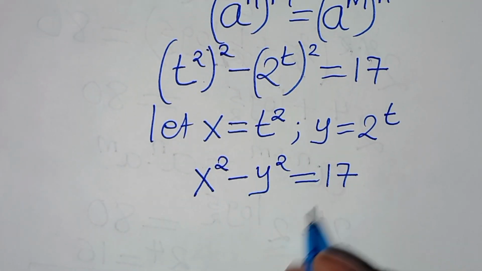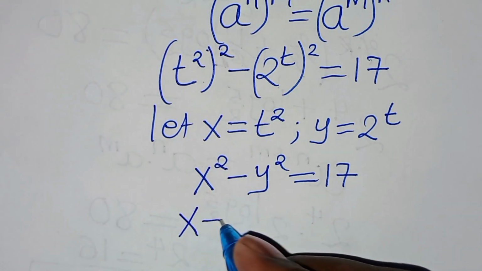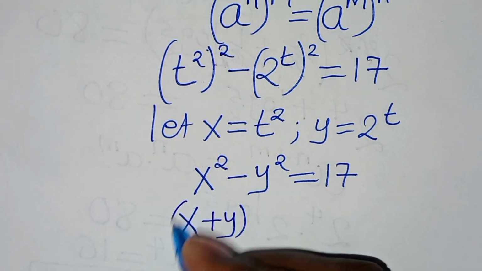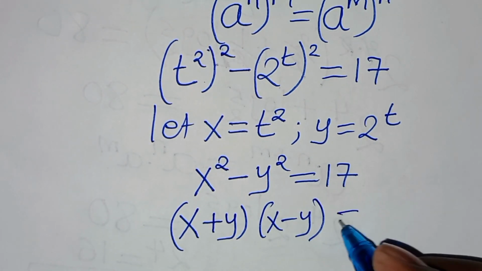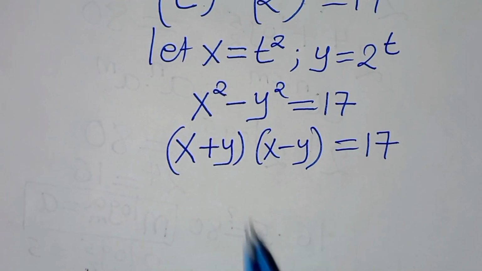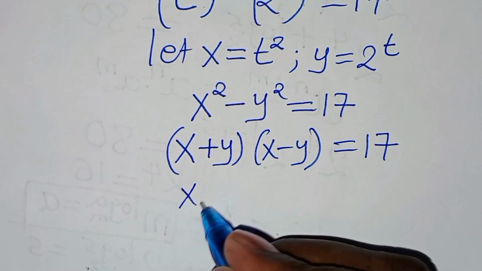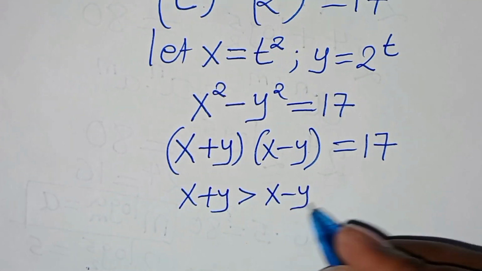So this is actually the difference of two squares, which we can express as x plus y times x minus y, equal to 17. We note here that x plus y is greater than x minus y.